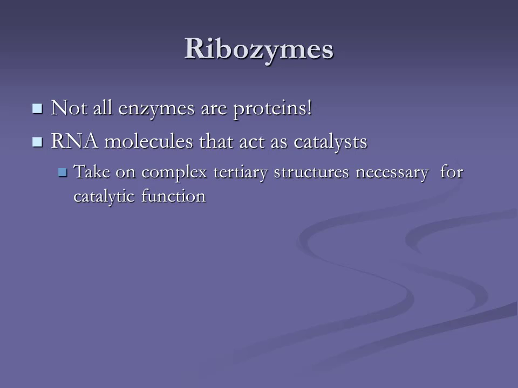And there are a few other examples, so we can't say all enzymes are proteins. Most. You see how it's a very powerful word? Most. You get close to saying all, but most, except for, because there's always going to be some exceptions. So some of our enzymes are in fact made up of RNA.